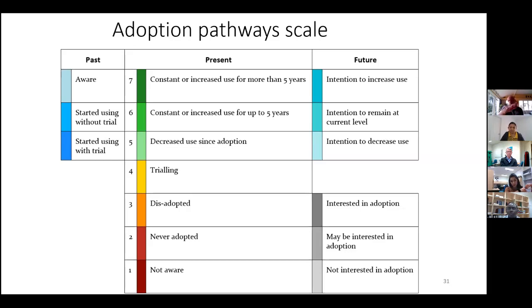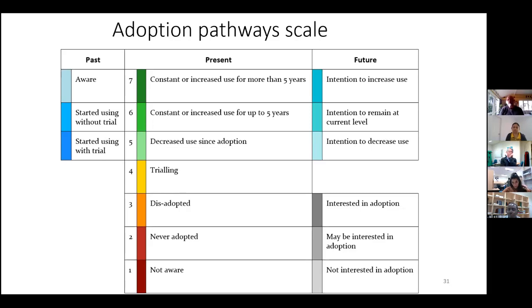But anyway, it's going from the bottom to the top there, using a traffic light kind of coloring. We have users that are not aware even now of the innovation, those who never adopted, assuming that they probably went through a non-trial evaluation and decided not to adopt, those who disadopted the practice, and from 4 to 7, they are the farmers that are actually using it now.